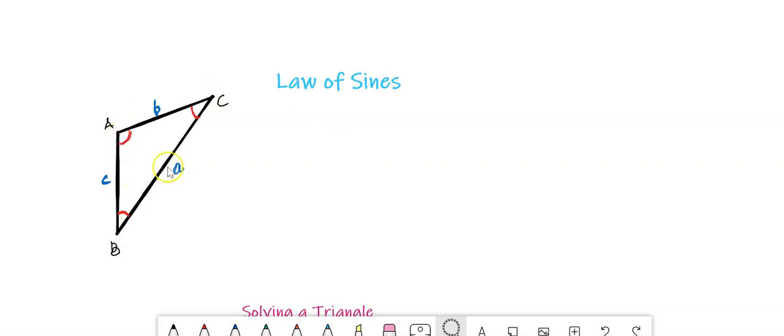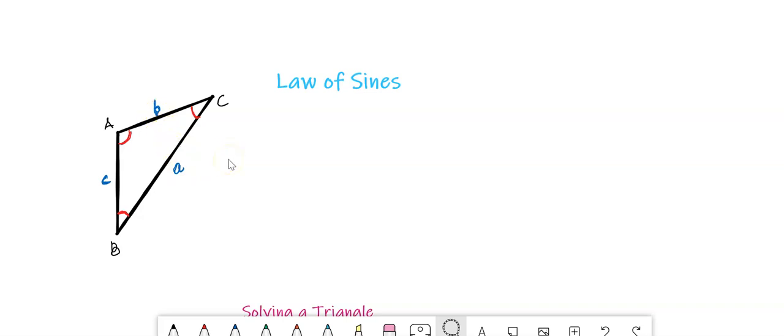This triangle ABC is definitely not a right-angled triangle. It's a normal triangle where A, B, and C are the angles, and small a, small b, and small c are the lengths of the sides. So AB is c, BC is a, and AC is b.